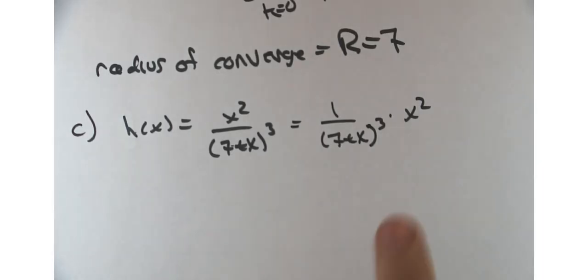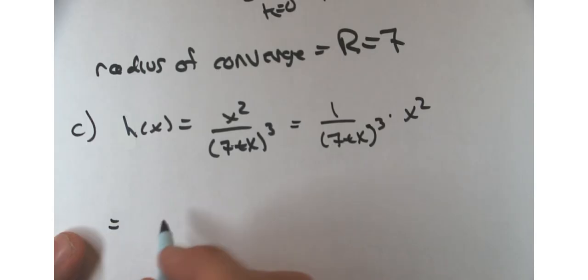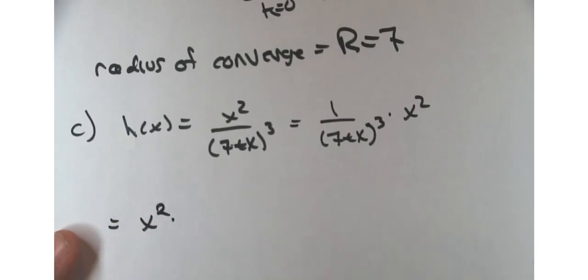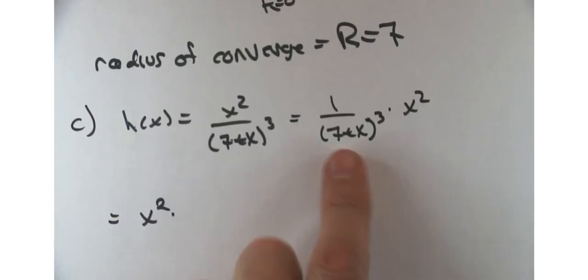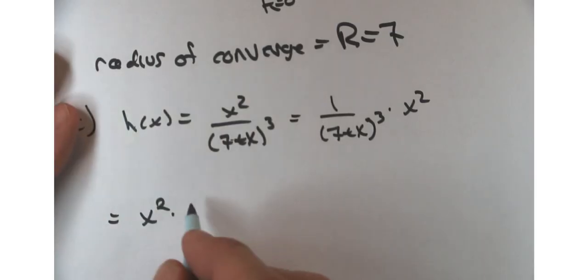What's helpful about that observation? Yeah, we've got a series for this, right? We just derived that series. So I'm going to multiply this by the series that we just derived.